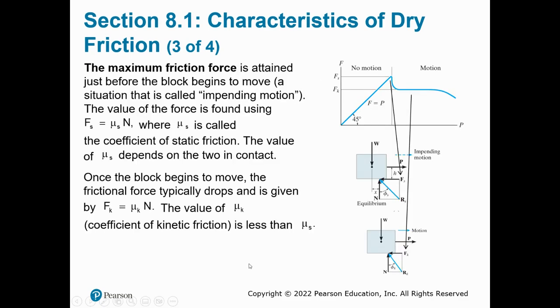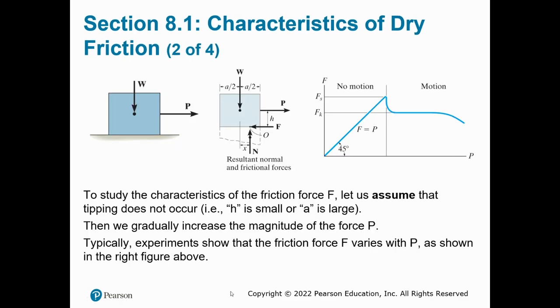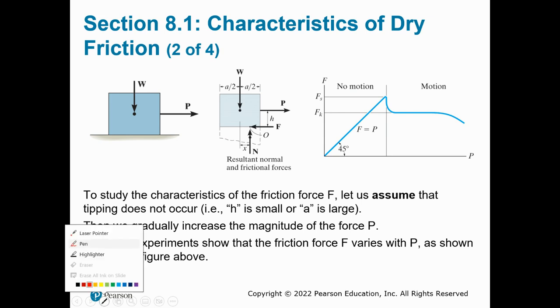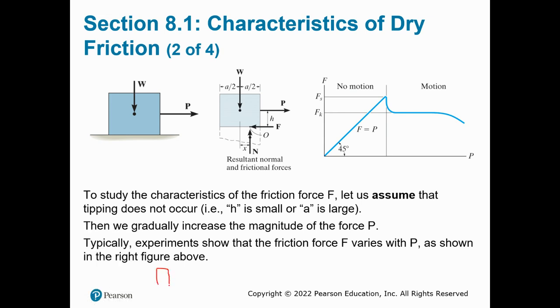What I mean by that is, say for example, I have a box on the table not moving. I'm going to draw it three times. If I push with 10 newtons of force and it's not moving, that means the friction, because they need to be in equilibrium, will be 10 newtons going the other way.